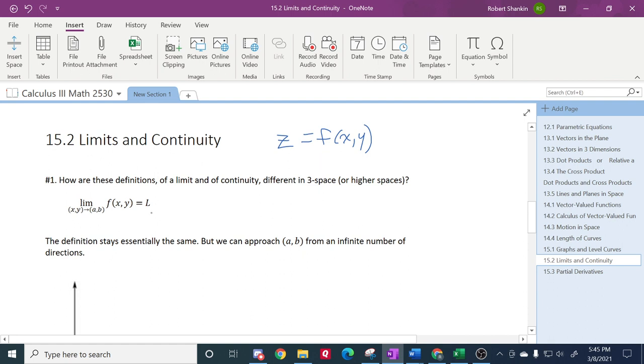The domain is the xy plane, or the floor, and the limits would now look like this. The definition for the limit in 3-space stays essentially the same. But here's the thing that changes.